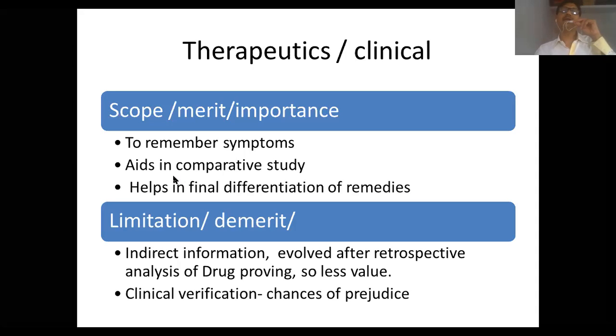For example, Nux vomica is good for symptoms of acid peptic disorder, and Podophyllum is a good remedy for acute gastroenteritis.